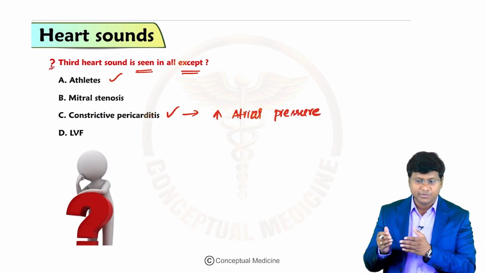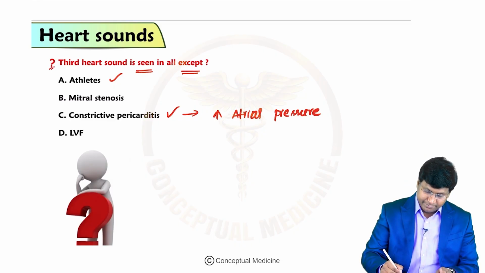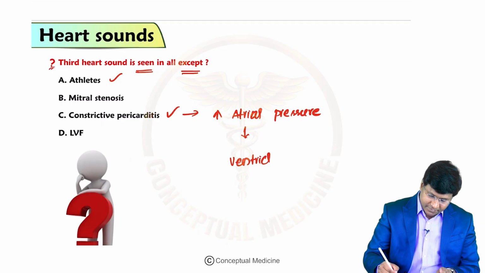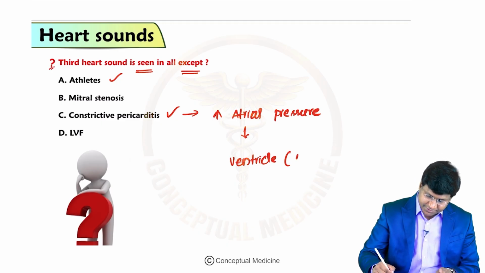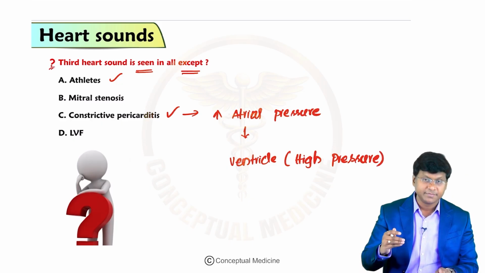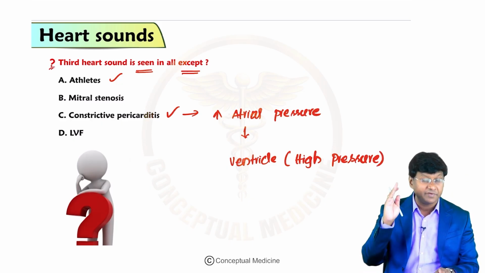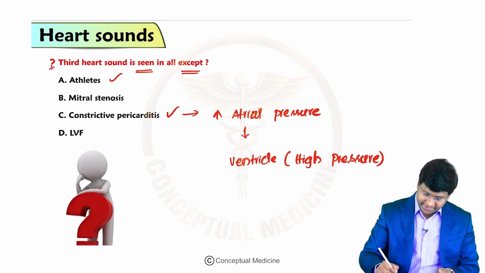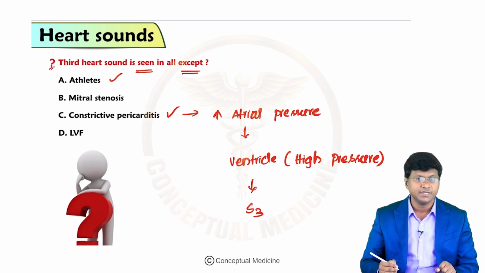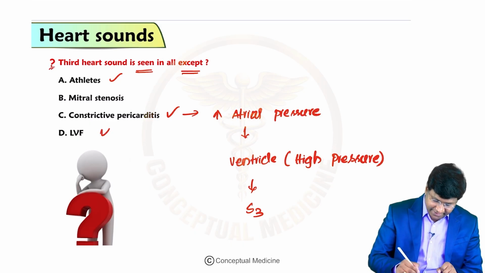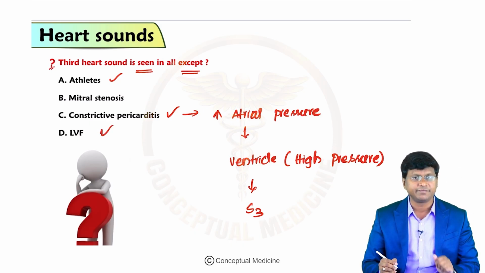So when the mitral valve or tricuspid valve opens, the blood from the atria enters into the ventricle at a very high pressure, and thereby you will have the presence of pathological S3. Pathological S3 is heard in constrictive pericarditis, and also in left ventricular failure.